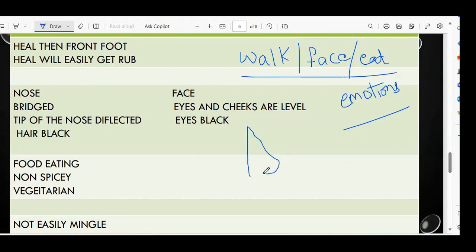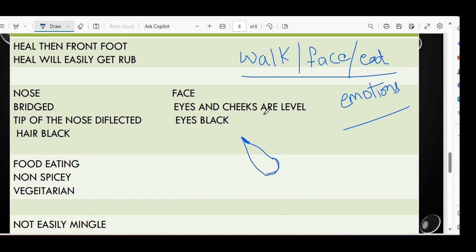If this is deflected, so this is bridge type. If you think that this is the bridge, and this is the deflected nose.